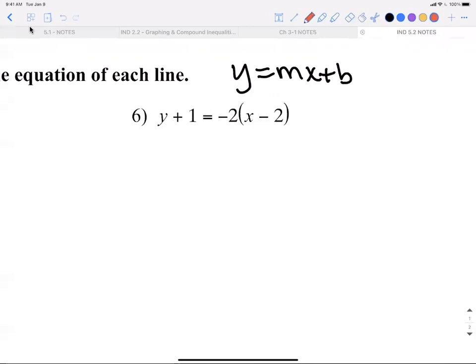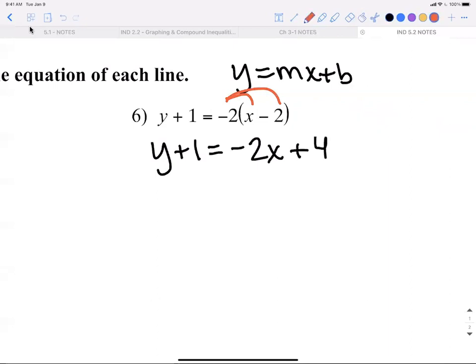So the first thing that we're going to do is we're going to distribute because we always get rid of parentheses before we start moving stuff around. So on the left, it stays Y plus 1. And on the right, we have -2 times X, which is -2X. And -2 times -2 is +4.